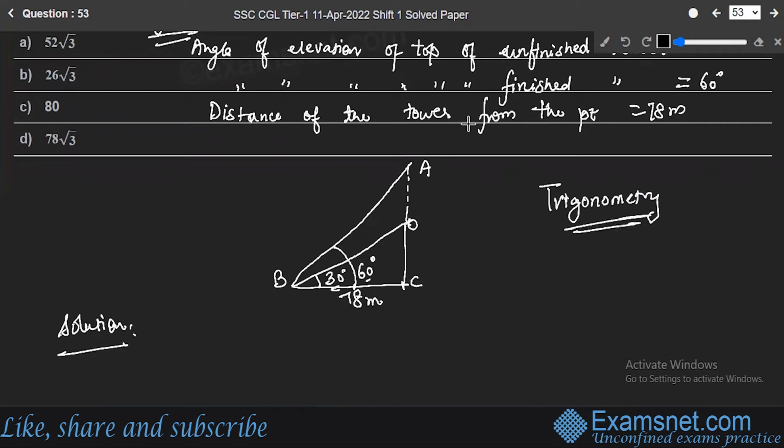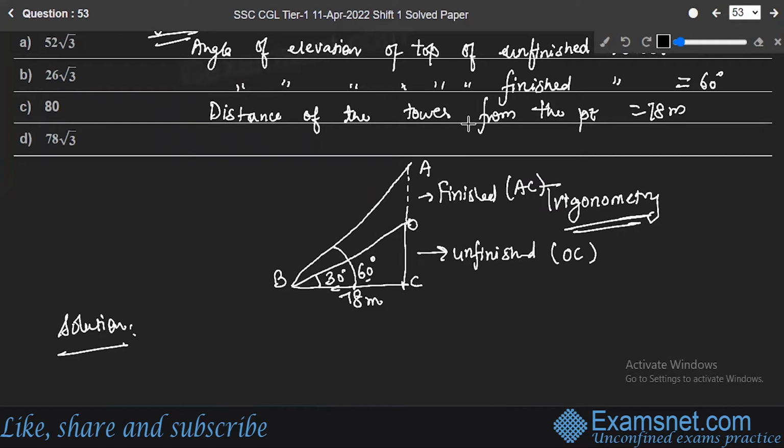So let's start with this. Here OC is the height of the unfinished tower, and AC is the height of the finished tower. Correct?